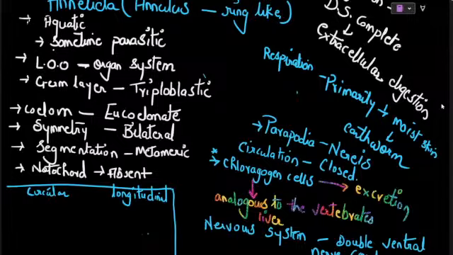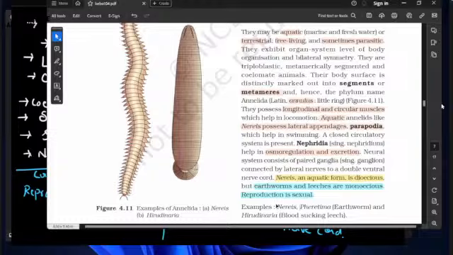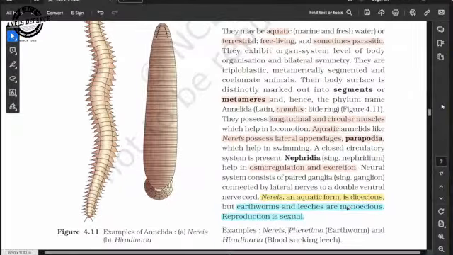What about reproduction? So unisexual example is Nereis. Correct? Yes, Nereis, an aquatic form, is dioecious, means unisexual.